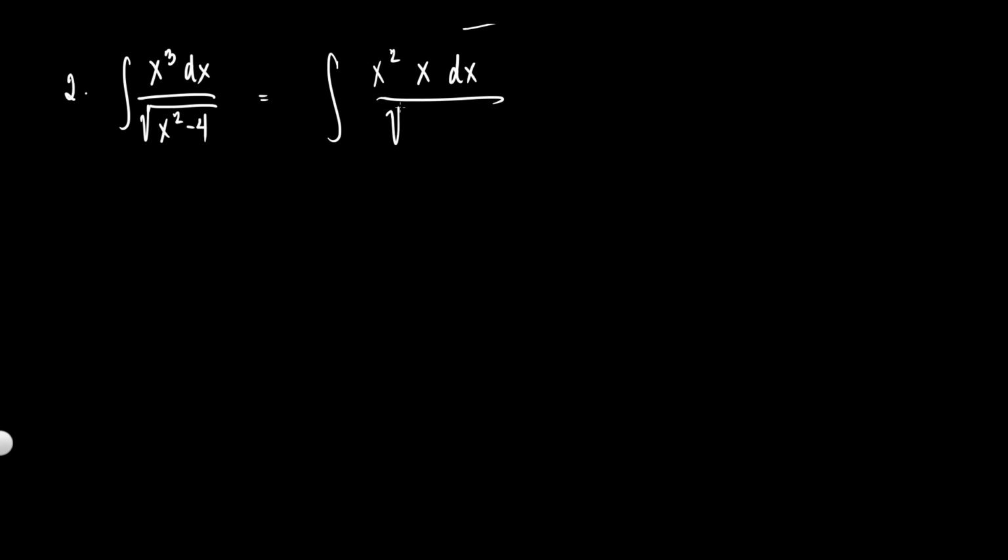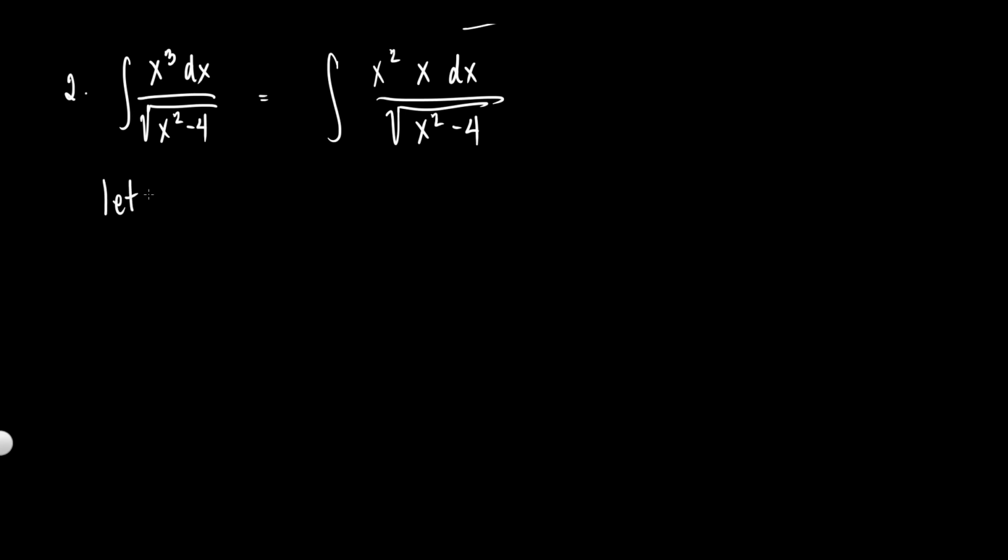Number 2. The integral of x cubed dx over the square root of x squared minus 4. This is equal to x squared times x dx over the square root of x squared minus 4. Again, we need a new variable of integration.